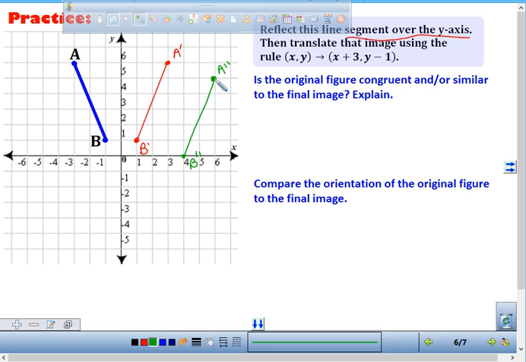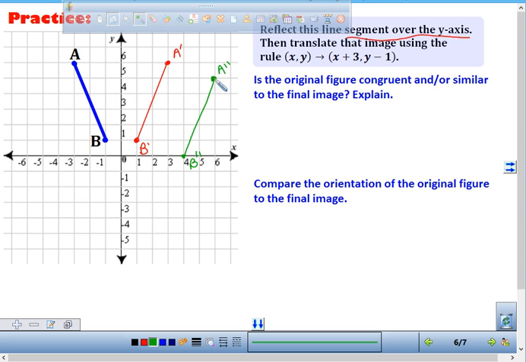It says, is the original figure, which one's the original? Blue one, no primes, right? Okay? Congruent and or similar to the final image. So I'm looking at the blue one and which one? Green. Okay, the original figure.